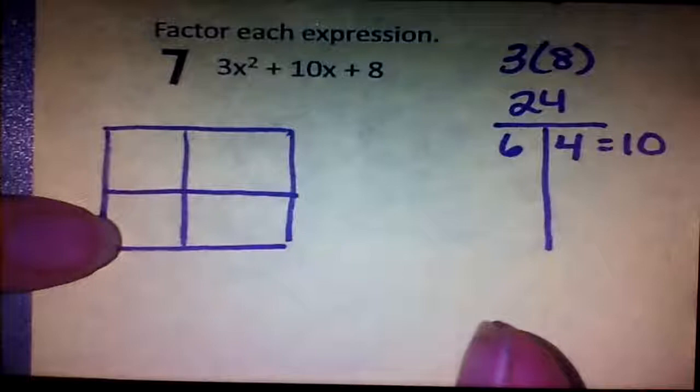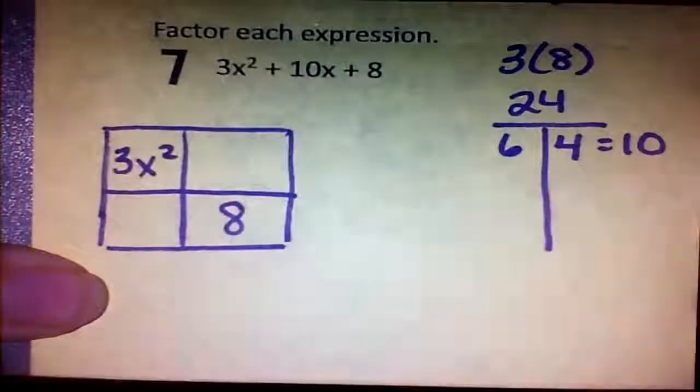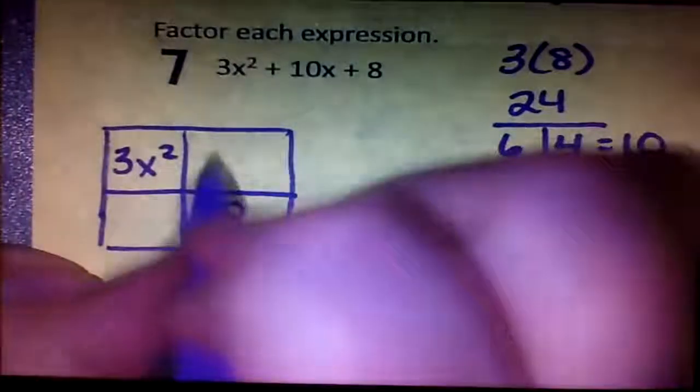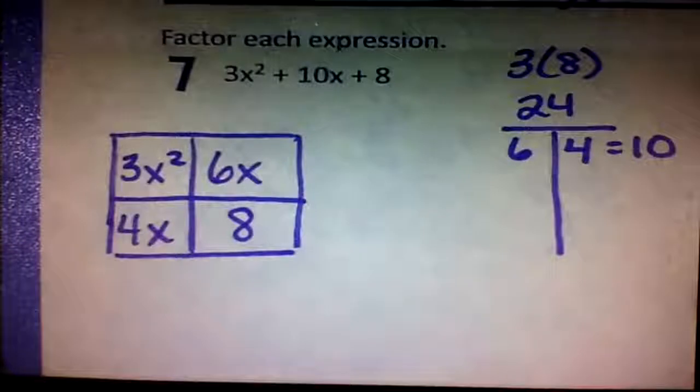So in my box, 3x squared, I put 8 here. I put 6x and 4x. Doesn't matter which spot the other two go in. It's just when you pull out, it's going to look a little bit different.